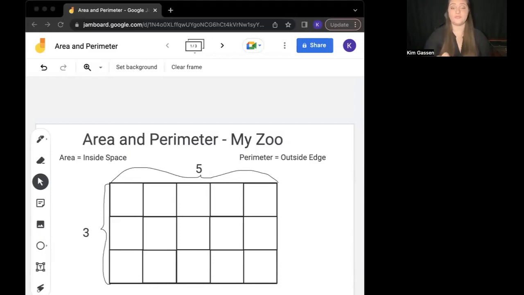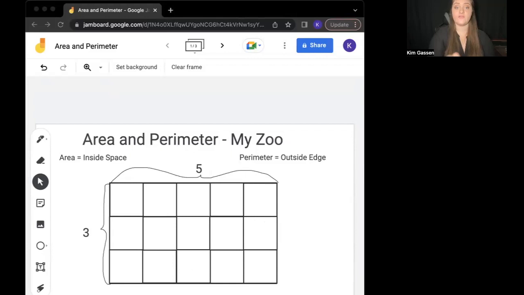Well, my zoo is 3 enclosures long and 5 enclosures wide. So if I have 3 enclosures side to side and 5 enclosures up and down, let's count. 1, 2, 3, 4, 5, 6, 7, 8, 9, 10, 11, 12, 13, 14, 15.